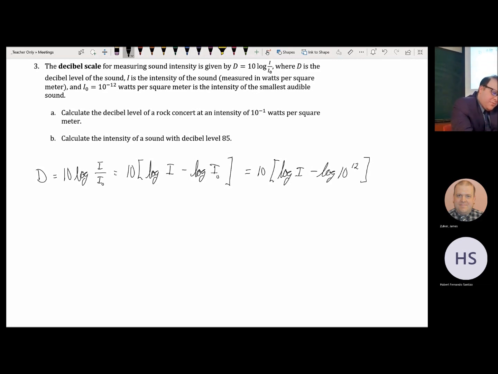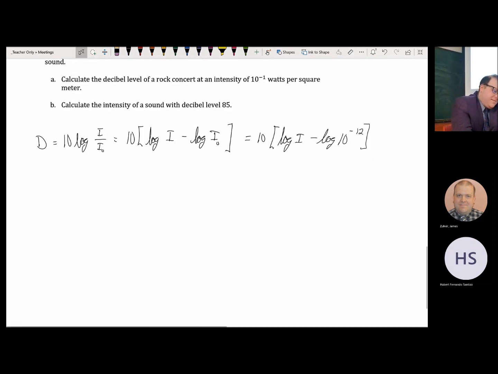So that would be 10 to the minus 12. What is the common log of 10 to the minus 12? Minus 12.